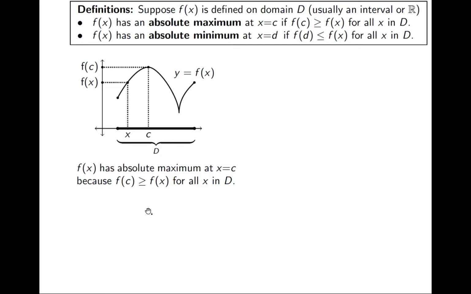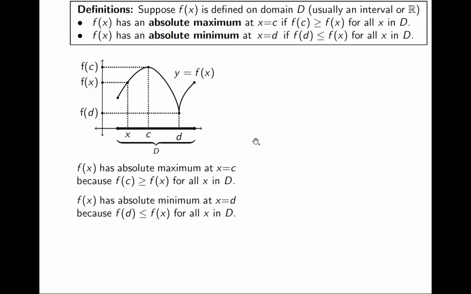In this picture, here's a value of d, and its corresponding f of d, and that point is lower than any other point on the graph of this function, on this domain D. f of d is less than or equal to f of x for any x in this domain. And so we would say that f of x has an absolute minimum at x equals d, because f of d is less than or equal to f of x for all x in D.